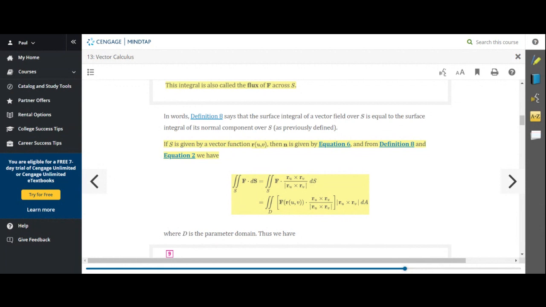Okay, so the ds, the surface integral, yeah, that makes sense. We've seen this before. If you have a little piece of surface area, you can represent that piece of surface area by the cross product.